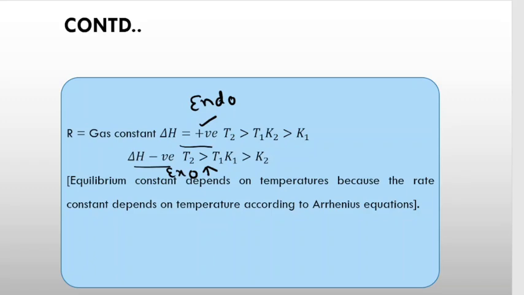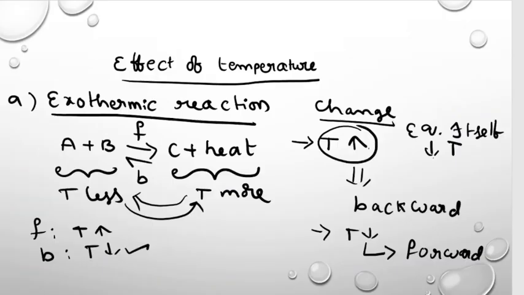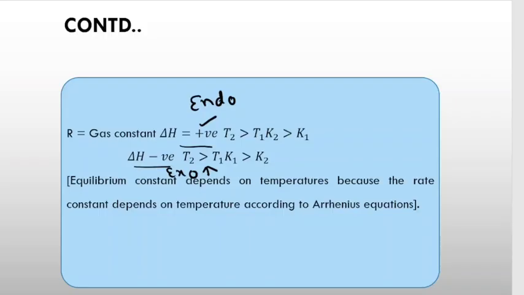For exothermic reaction, if we increase the temperature, we already know the backward reaction is favored. If the backward reaction is favored, definitely the K2 value will be less when compared with K1. That is what they have written here. And exactly the opposite case for endothermic. Understand?